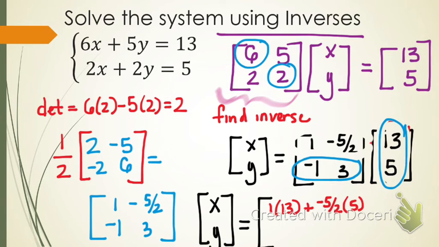So that would be negative 1 times 13 plus 3 times 5. So go ahead, take out your calculators and see what you get when you type those in. Whatever you get for this red row, that's your answer for x. And whatever you get for this bottom row, which is blue, that's y.